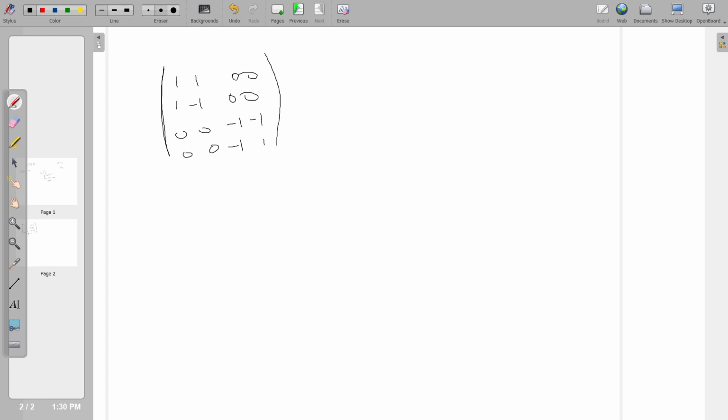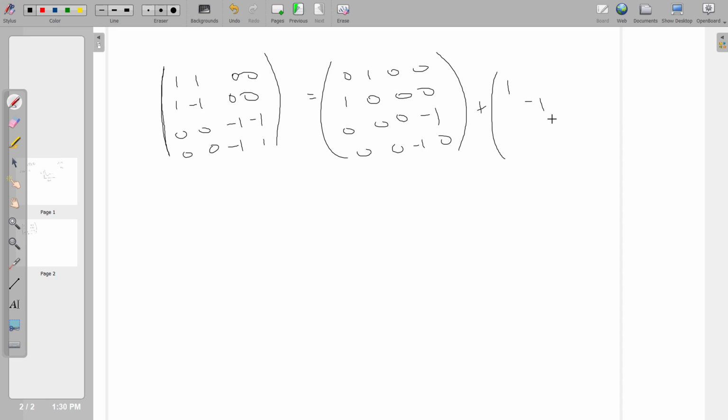We can say that this is equal to this matrix plus this other one. They're not the most well-drawn matrices, but this is what it equals.